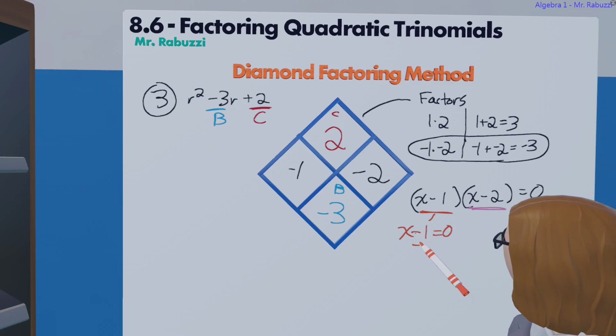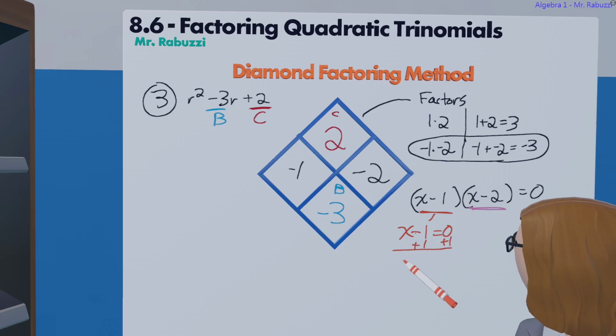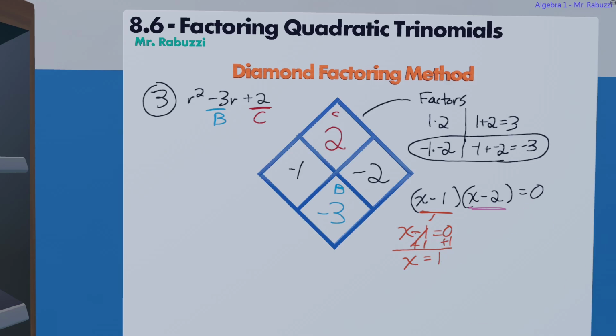Solve it, so plus 1, plus 1. We get x equals 1. Okay, now let's try the pink side. We have x minus 2 equals 0.